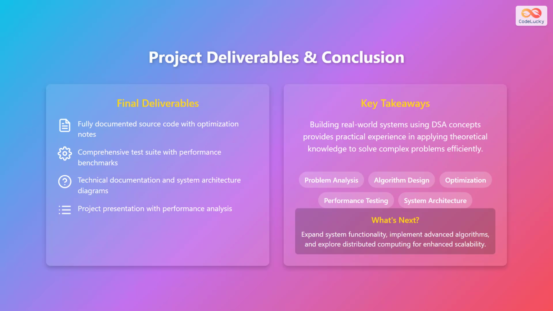Key takeaways from this project are that building real-world systems using DSA concepts provides practical experience in applying theoretical knowledge to solve complex problems efficiently. The skills that you would have learned are problem analysis, algorithm design, optimization, performance testing, and system architecture. Next steps are to expand system functionality, implement advanced algorithms, and explore distributed computing for enhanced scalability.